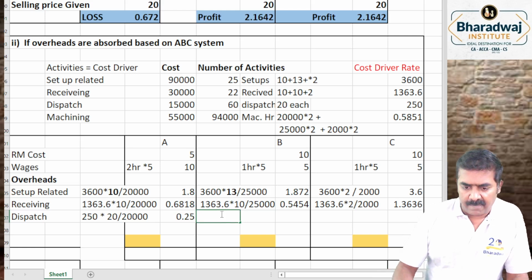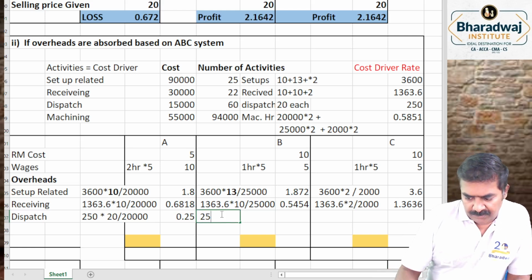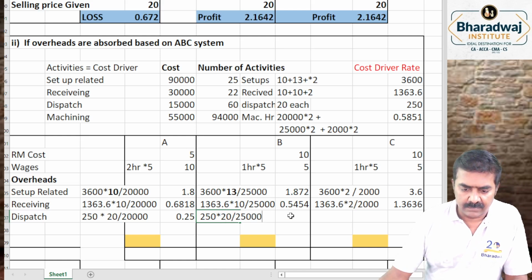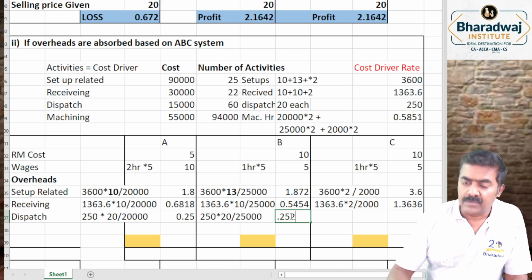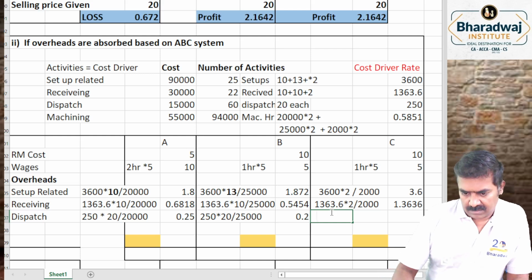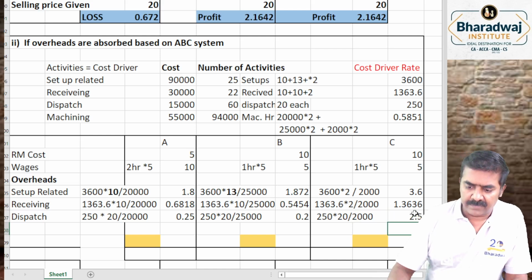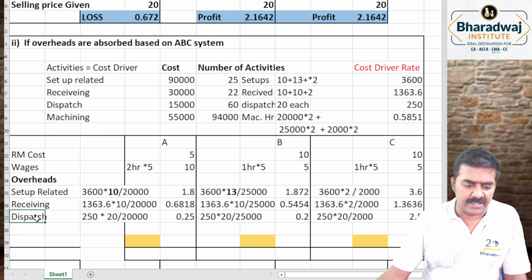What is the next one? 250 into 20 by 25,000. 0.2. Next. 250 into 20 by 2,000. 2.5. 2.5 dispatch cost.